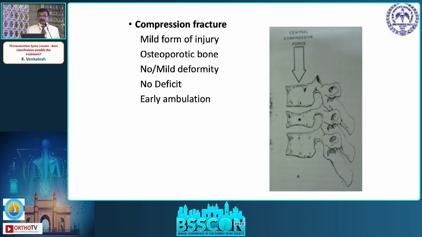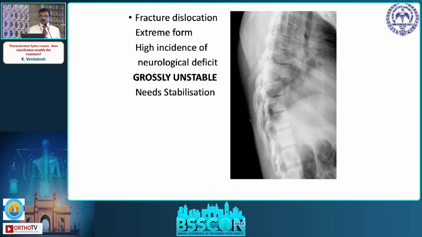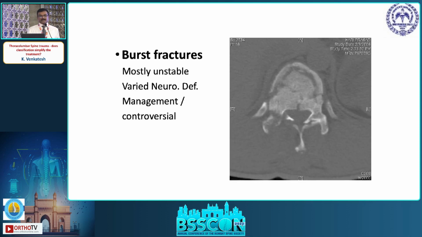We all know we don't need any treatment for this one and don't need any classification for it. We all know that this needs surgery and we don't need any classification for it, but we want to know what type of surgery to be done. That's what the classification should say. So the main thing is for the burst fractures and for some B2 injuries, where we want to know what kind of treatment we have to do.